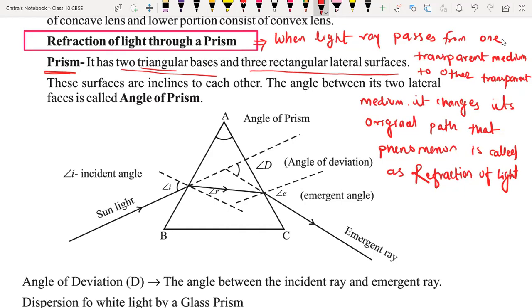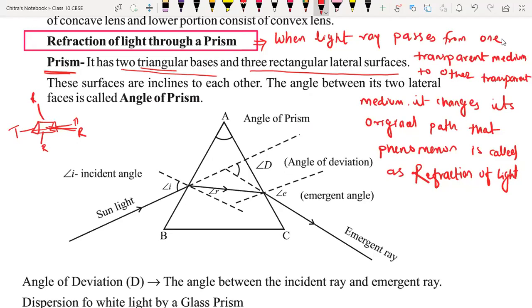We have one triangle on the front side and one triangle on the back side, and the three rectangular surfaces: one at the base, one on one side and one on the other side.